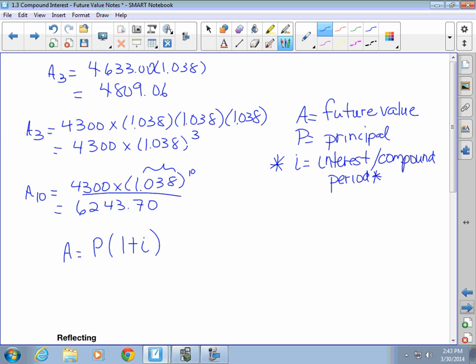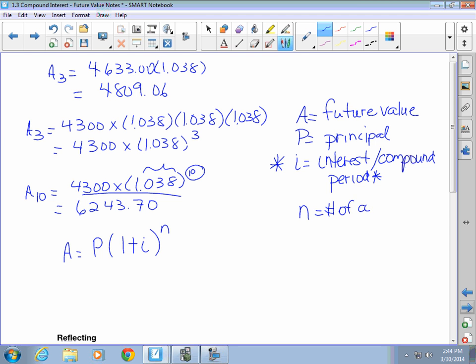And your n then, because what we did here is we put that all to the power of 10. So if we call that our n, then n is our number of compounding periods. So if you were doing it annually for 10 years, that means we would have 10 periods. If we did it semi-annually for 10 years, then that means you would do it twice a year for 10 years, so you'd have 20 compounding periods.